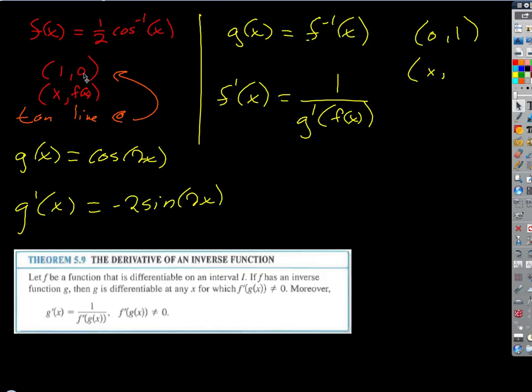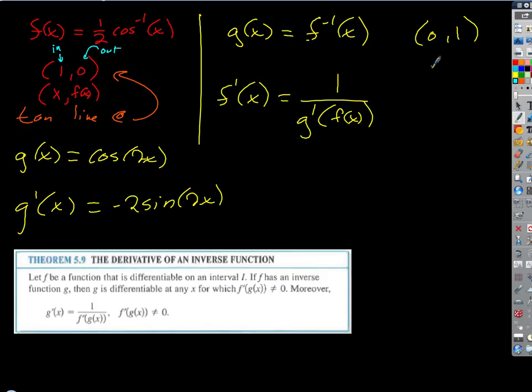Well, f of x is 0 for this point. You see what I'm saying? So I think this part was going to be confusing. My point is just that the input value here for the inverse function, let me do it this way, I think this will be clearer. For the original function, this is the input, and that's the output, right?